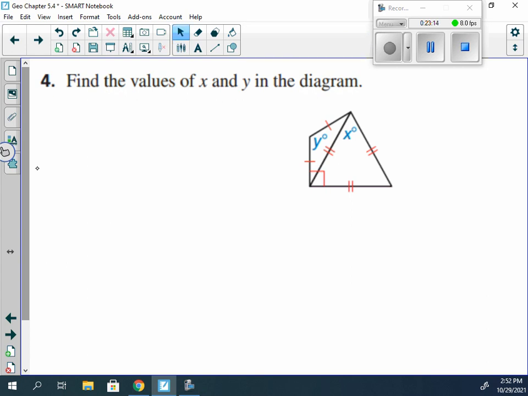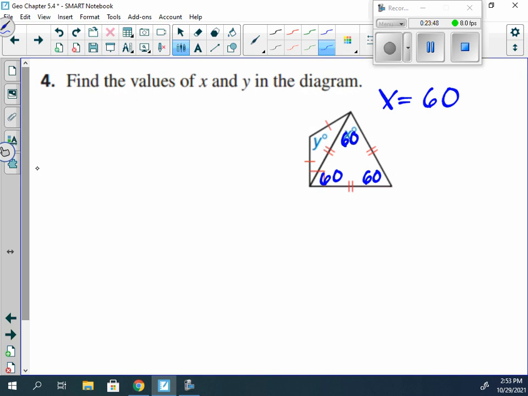All right, guys. Let's look at this one here. This one here is the last one that we're going to do. Now, let's identify the parts that we know in each one of these. Since this triangle here has all three sides the same, each of the angles would be 60 degrees, so x is 60.